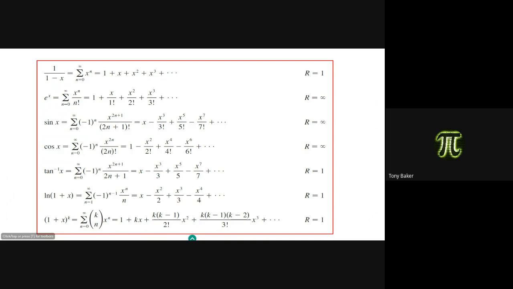So you've got the ln one that we did actually last time, the ln of 1 plus x. Yeah, arctangent in there. And then you've got the binomial expansion, the 1 plus x to the k, which is used a ton in probability, in statistics. Everybody got a picture of it somewhere? Okay.